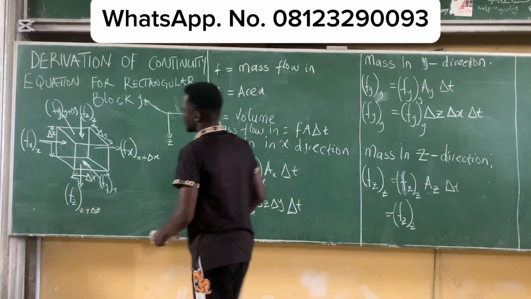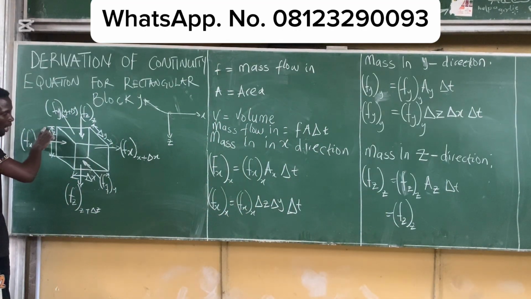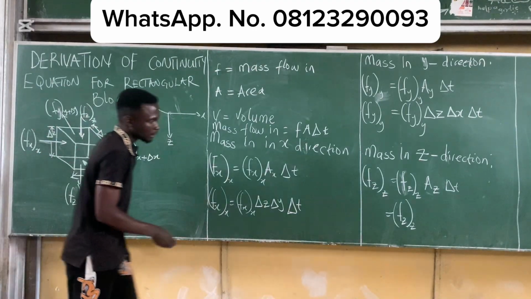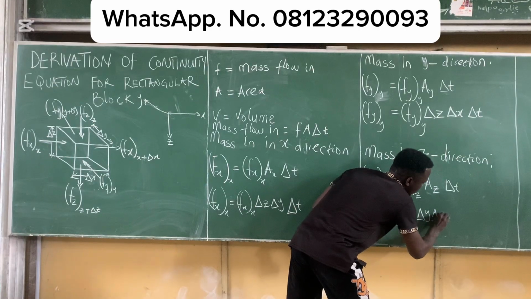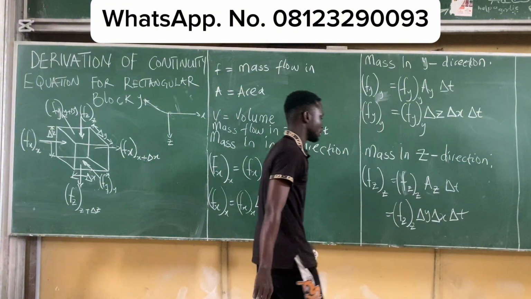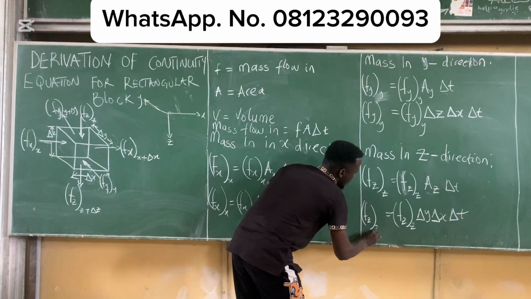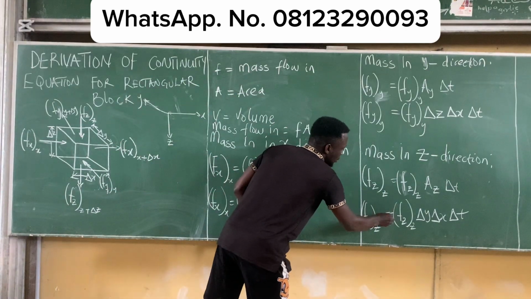Now, what is our Az? Since we are considering the z direction, this one here becomes 0. Our area now becomes delta y and delta x. So this becomes delta y delta x, considering the time delta t. So this becomes the mass that flows in the z direction.